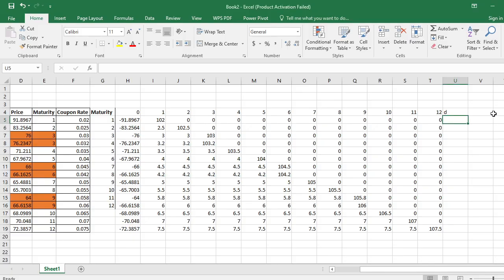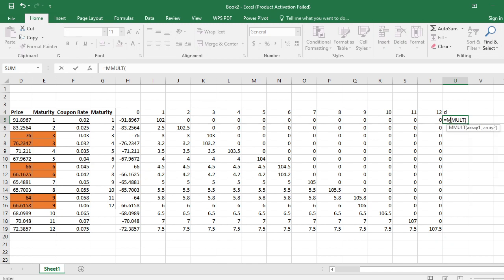So for using this formula, in this column is a matrix. So I'm expecting a 12 by 1 matrix. I'll do that later on.